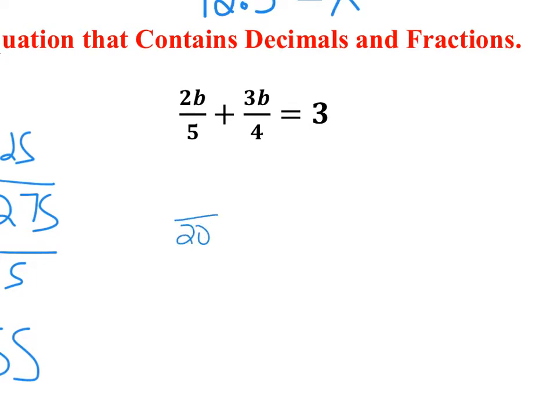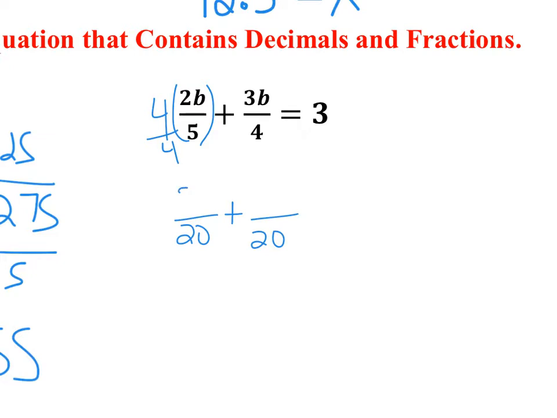So I would like to make it so that 20 is the denominator of both of these fractions, which means I'm multiplying this fraction times 4 over 4 for the top and the bottom, because 4 over 4 is really 1. So I'm not actually changing anything, I'm just multiplying it by 1, but I'm doing it in such a way that it will help me.